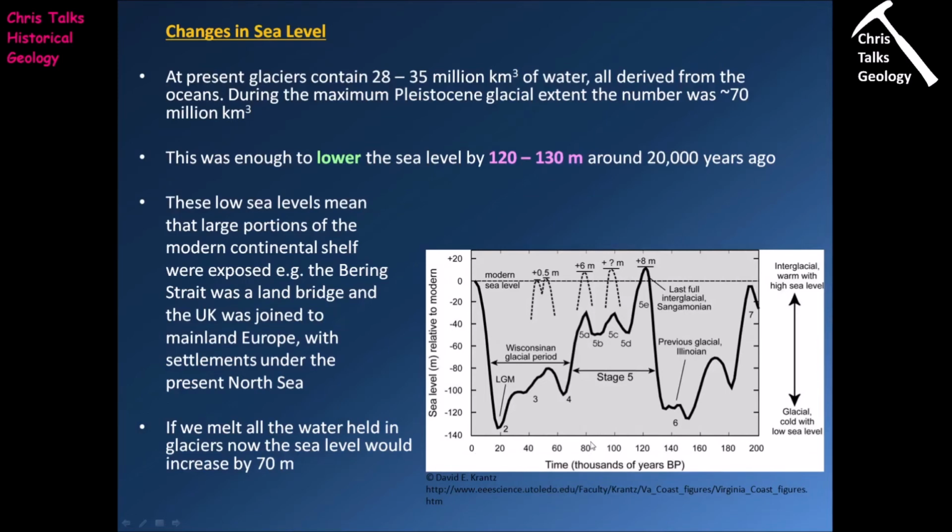Now, if you remember, the Ice Age came to an end approximately 12,000 years ago, so we're going to have the Ice Age ending about here. And obviously, when the Ice Age begins to end, we begin to see an increase in global sea levels. That's not really a huge surprise.